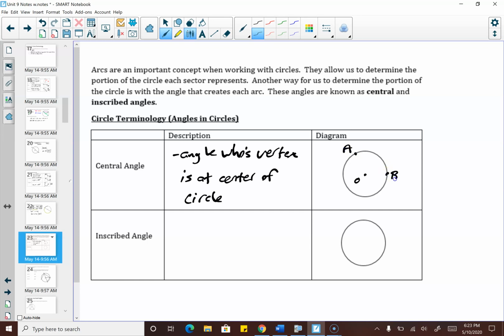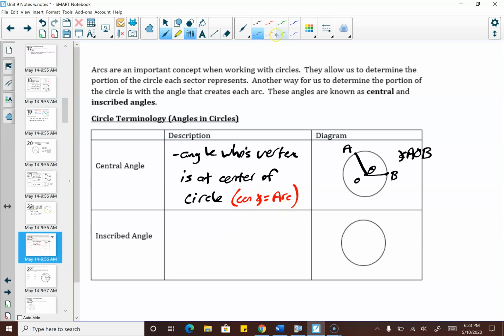A, O, B. So if we were to create an angle out of that, that would be angle AOB, a central angle. Now the next really important thing here, and I'll put it in red, is the central angle equals the arc.